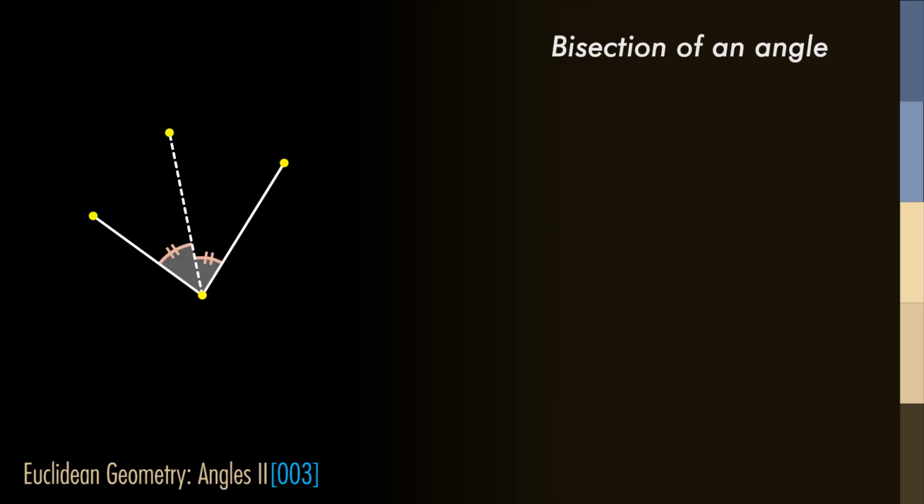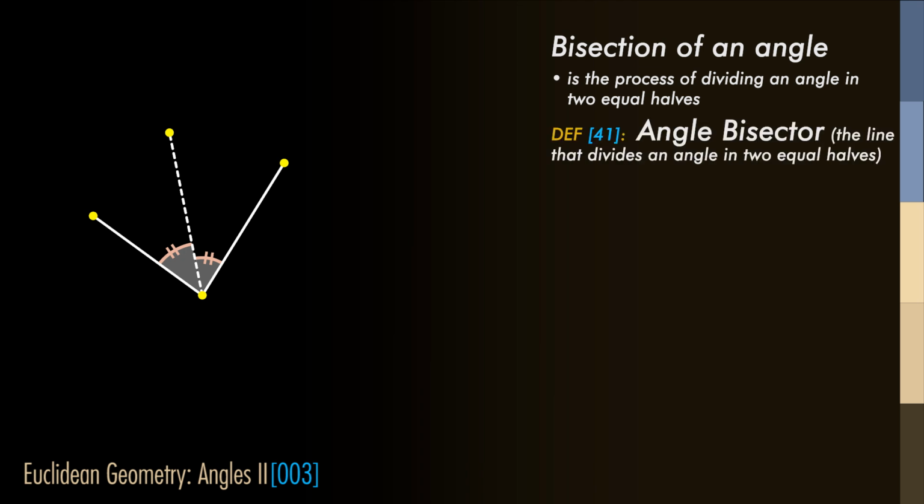A special case of angle division is the one that divides the angle in 2 equal angles. The line that divides that angle is called the bisector of the angle. By the same reasoning we followed while proving proposition 1, we can prove that a bisector can always be constructed and that there's only one for each angle.